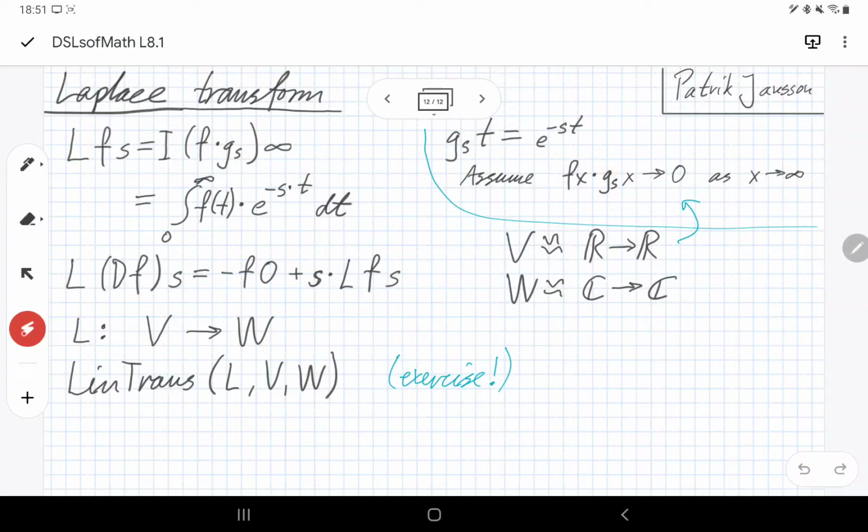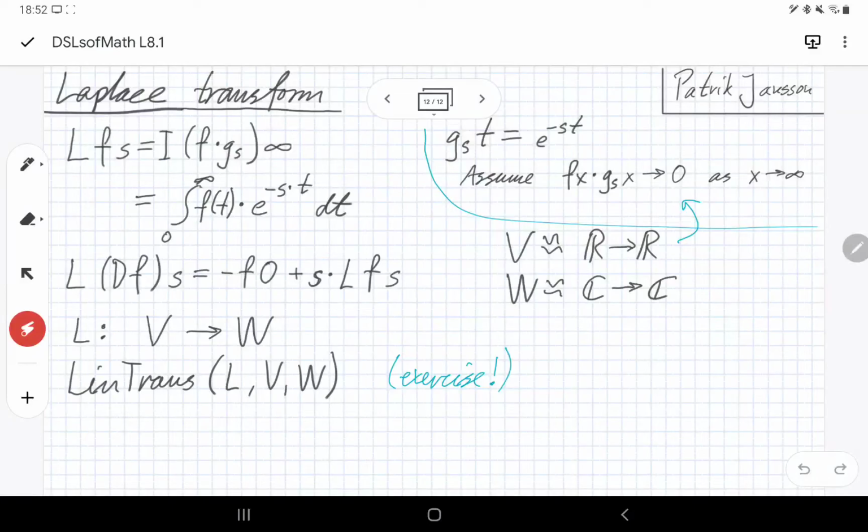Okay, to sum up here, we've defined the operator L that takes a function and then at a certain point s, which can be a complex number, it integrates the product of f and g_s. Remember, g is a family of functions. For each s there is one function. It's just, as we've written here, the exponential of minus s times t. And this will work if we assume that the function f is not too big, so it will be killed by this exponentially decaying function as t goes to infinity.